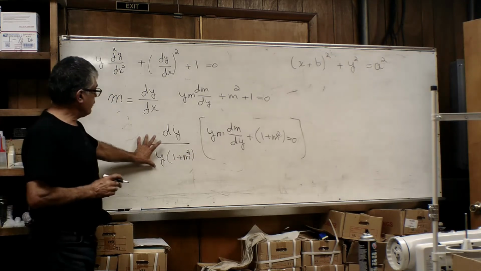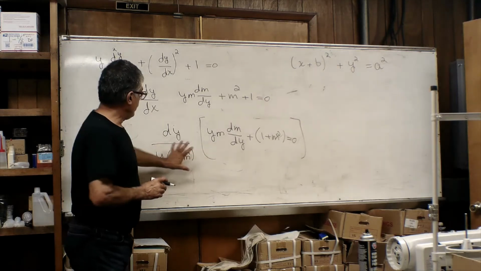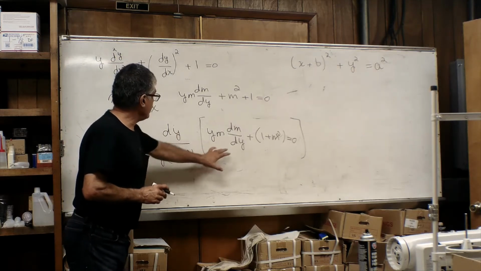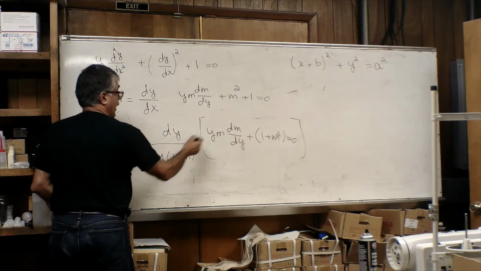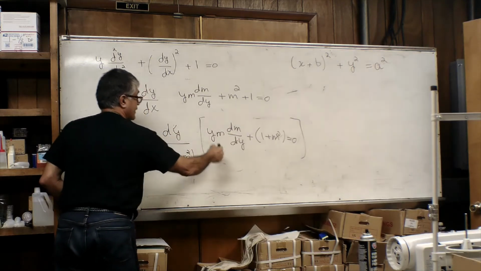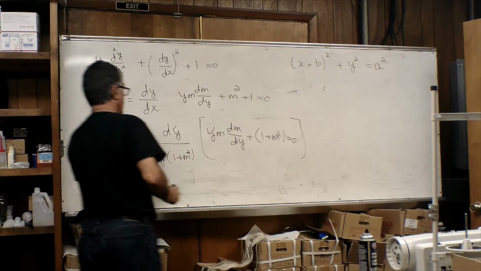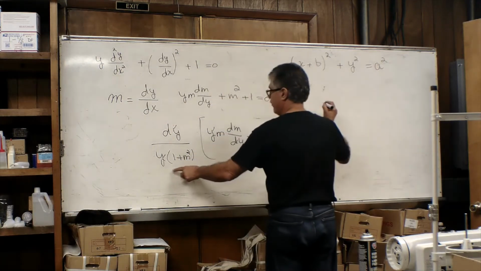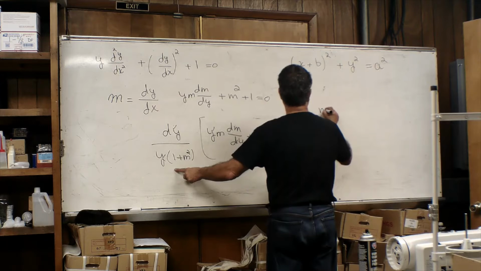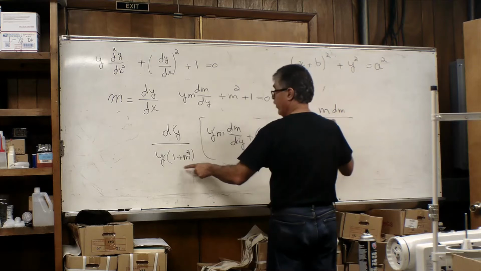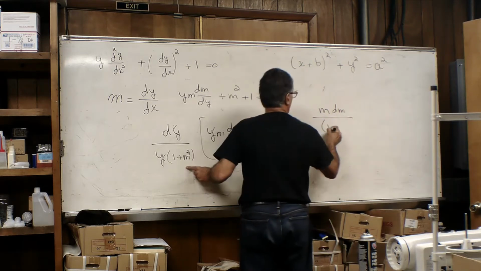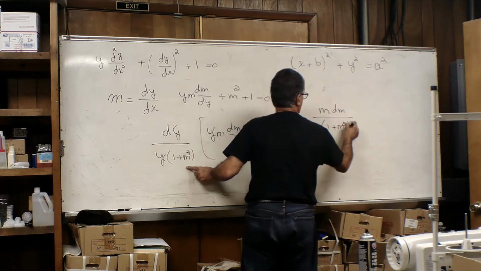Now if we multiply the first term, the dy's will cancel out, and the y will cancel out. So we are going to have m dm divided by 1 plus m squared.